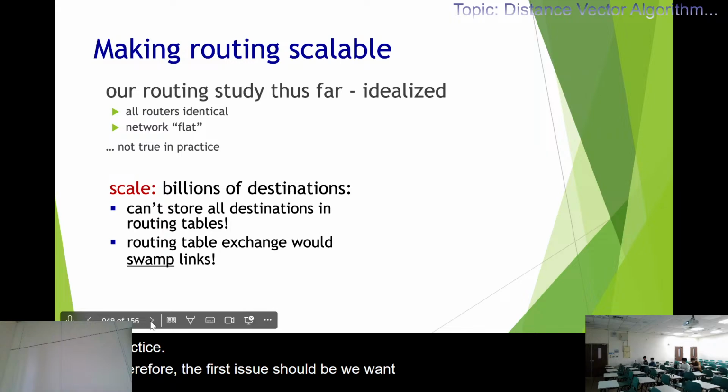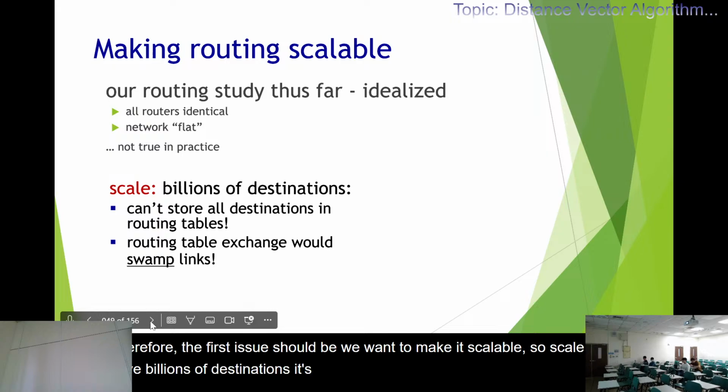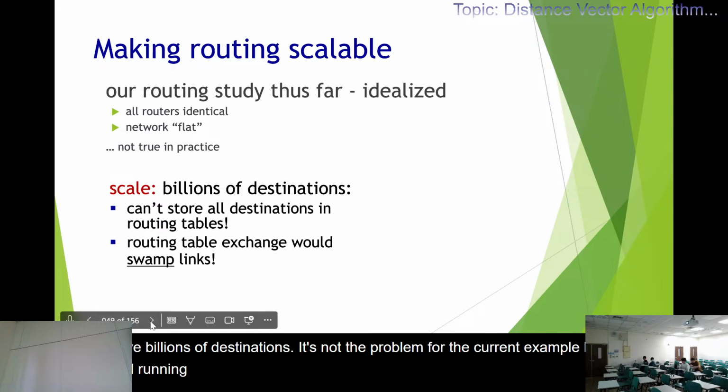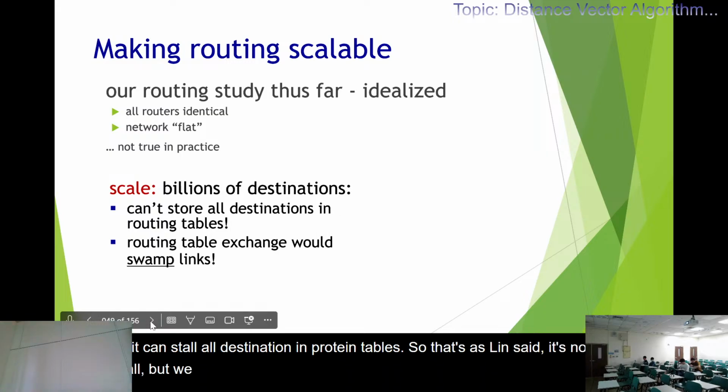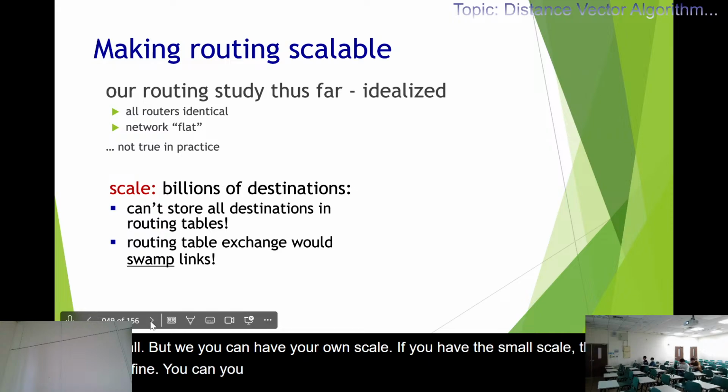With billions of destinations, link state routing cannot store all destinations in routing tables, so it is not okay at all. But you can have your own scale. If you have a small scale, then it's fine and you can still use it.